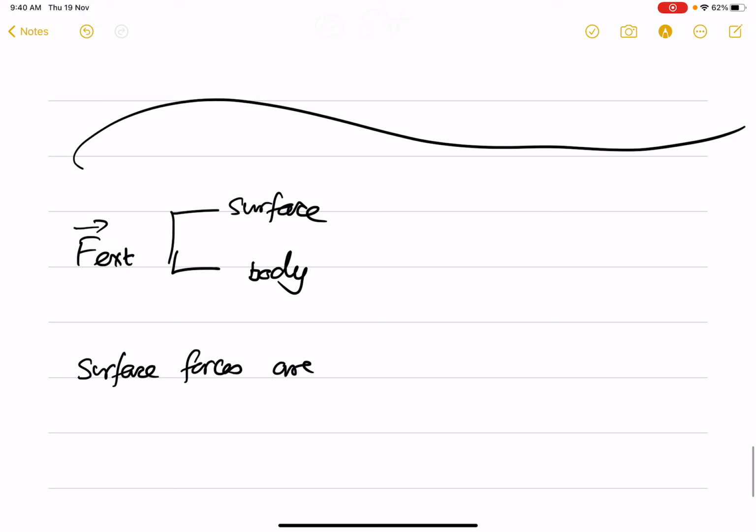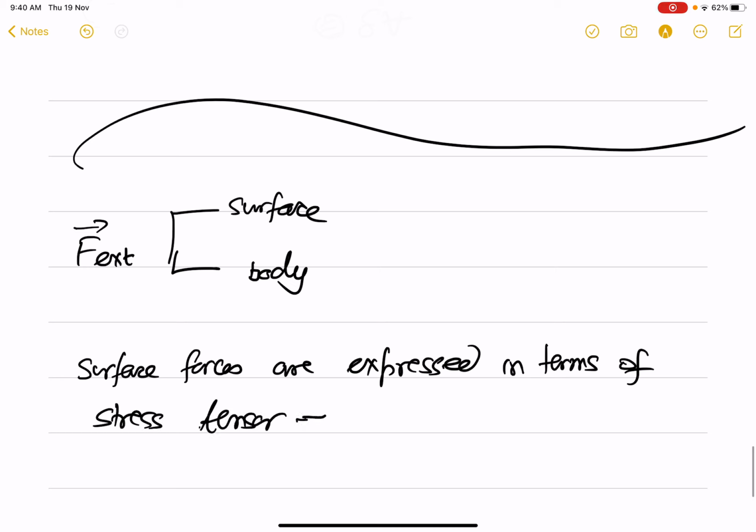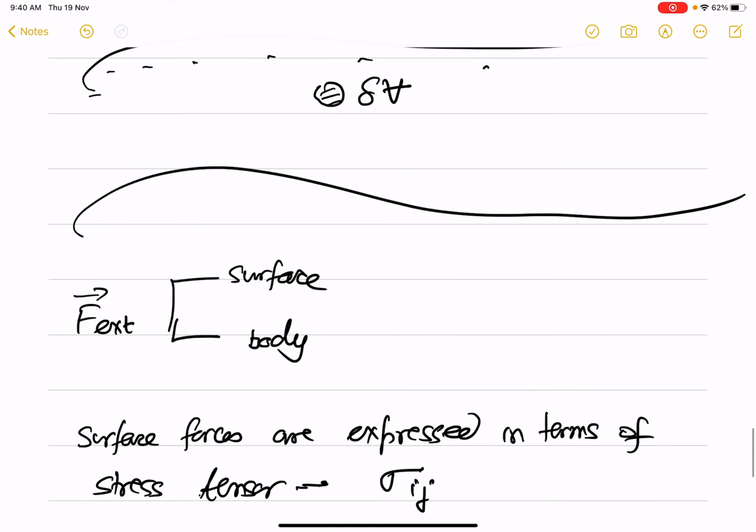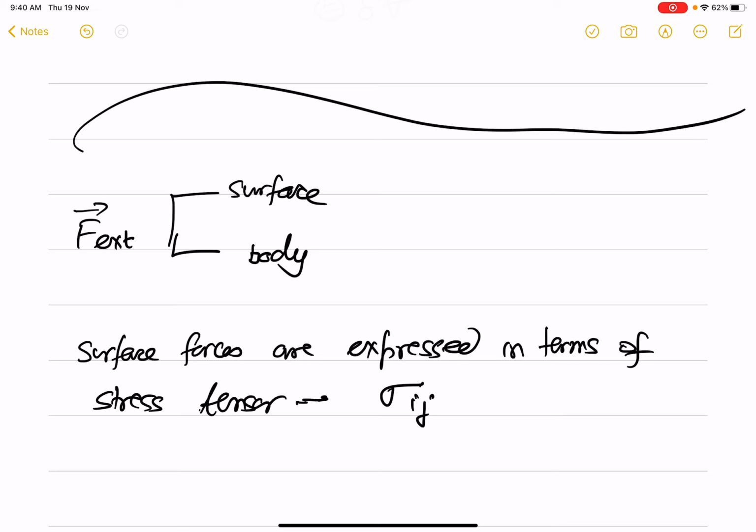Now, the surface forces are expressed in terms of the stress tensor. So in this derivation which we are doing, we are using the general stress tensor sigma ij. So this is valid not just for a fluid, but it is also valid for any solid element, because we are just using Newton's second law on a particular particle right now.